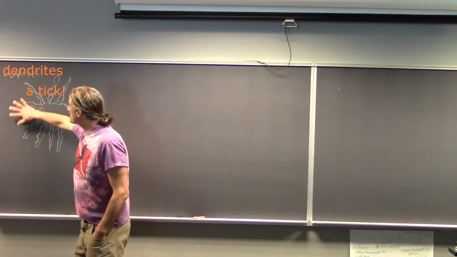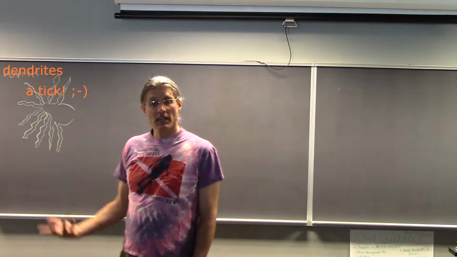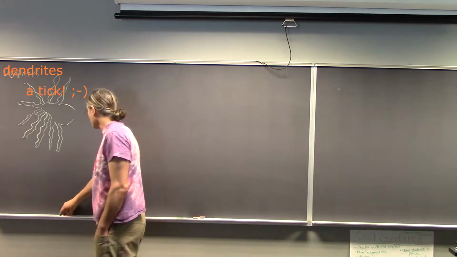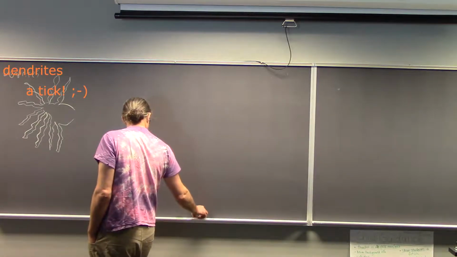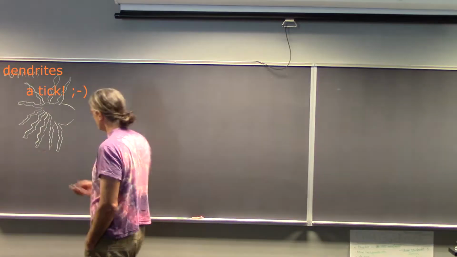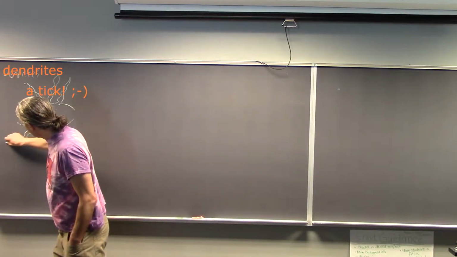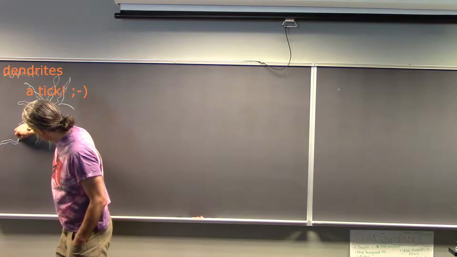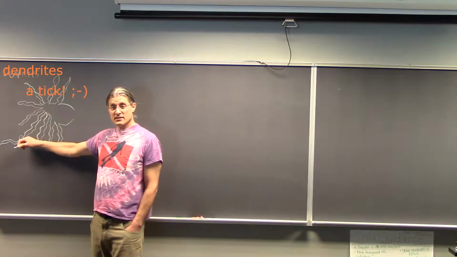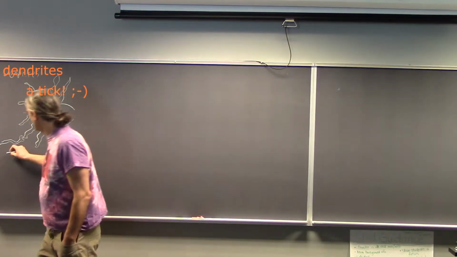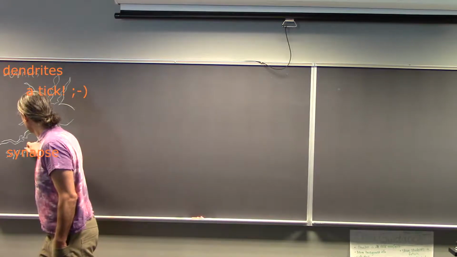But basically, these are places where, in most neurons, input comes into the neuron. And so there will be, for example, an axon terminal, which is different from a dendrite mostly, that synapses with the dendrite.